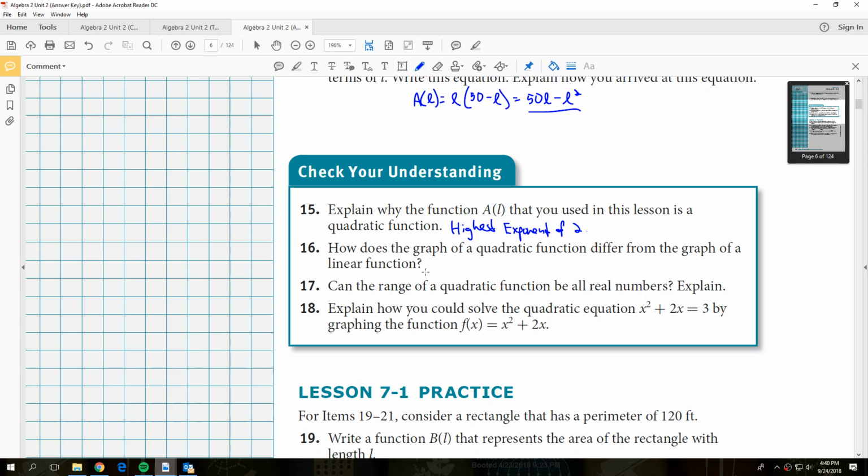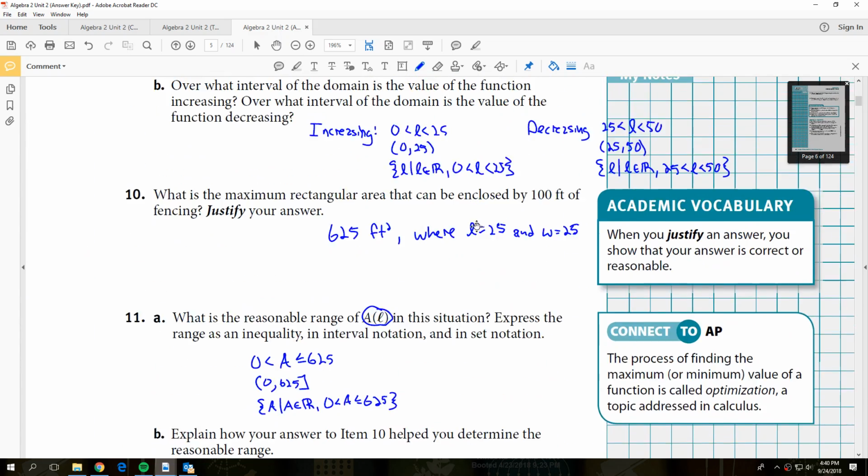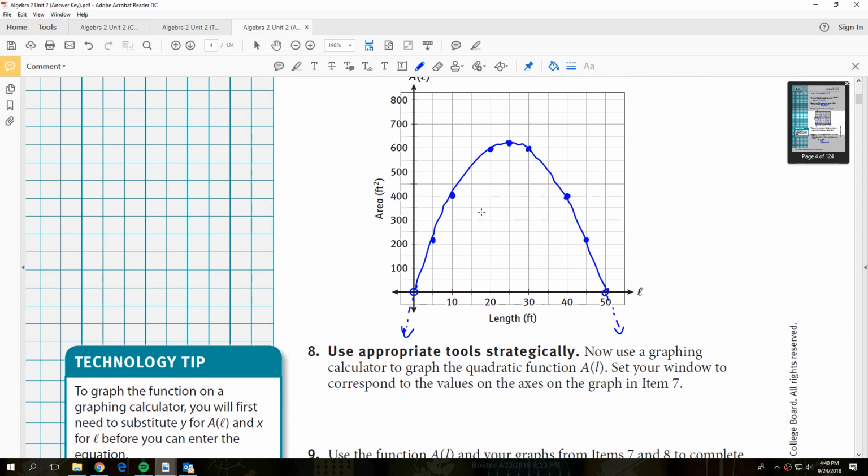Anyway, how does the graph of the quadratic function differ from the graph of a linear function? Okay, well, obviously a linear function is a straight line, and this has a smooth curve to it. Also, a line goes up and down forever.